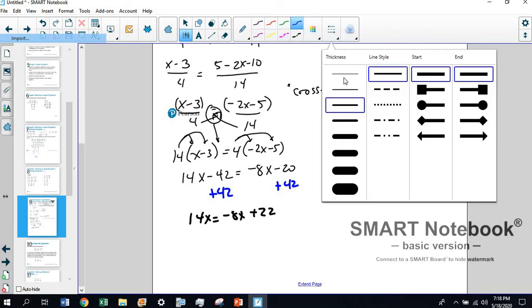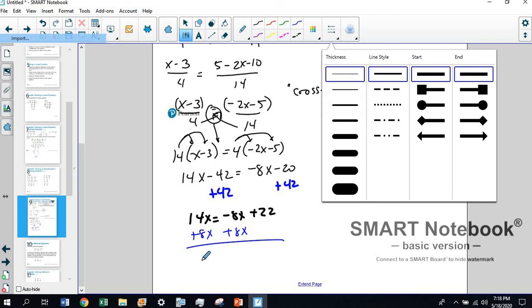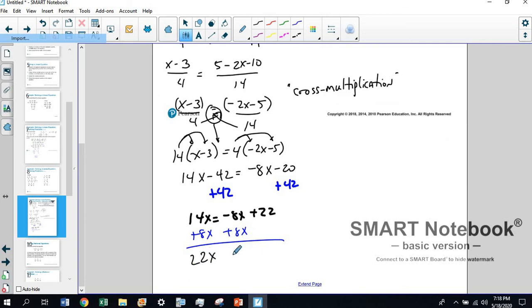We're going to add 8x to both sides. And what does that do for us? That gives us 22x equals 22. And then if we divide both sides by 22, to get x by itself, we get the same answer. We get x equals 1.